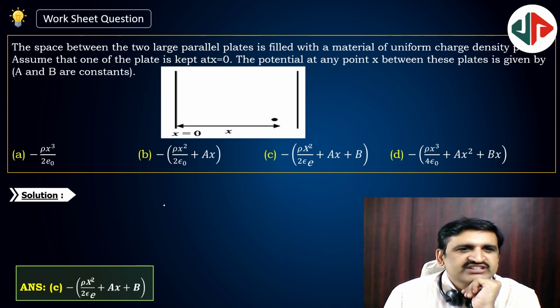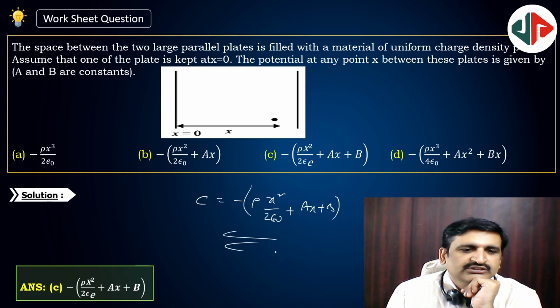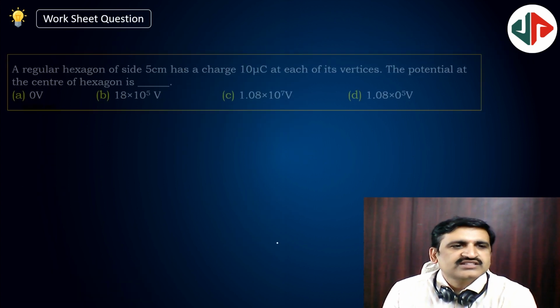That means differentiation of the potential must give the field. So B and C are probable answers. In that, C is the most probable answer. So C is equal to minus rho x square by 2 epsilon naught plus Ax plus B. This is the probable answer.